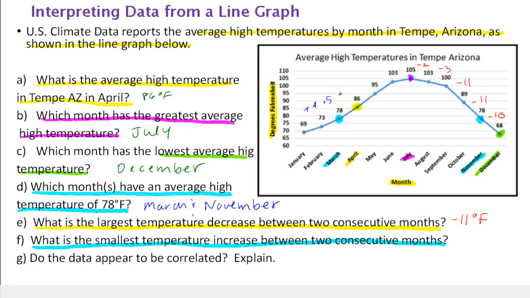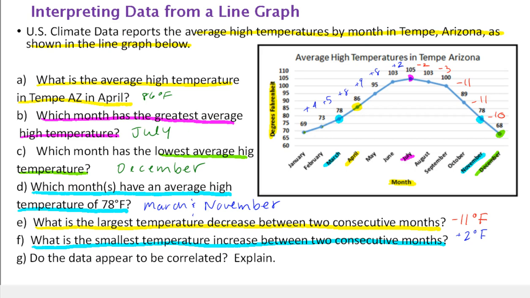Here we go up 8. 86 to 95, we go up 9. 95 to 103 is up by 8. And 103 to 105 is up by 2. So the smallest temperature increase was in fact 2 degrees Fahrenheit. I'm putting a +2 because it said increase, and that's nice.